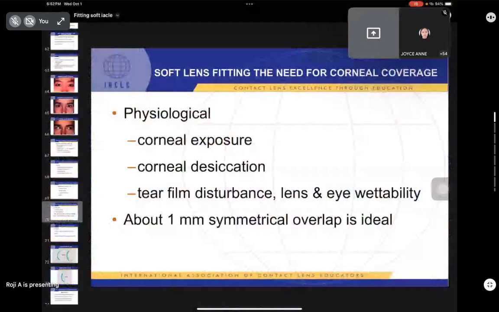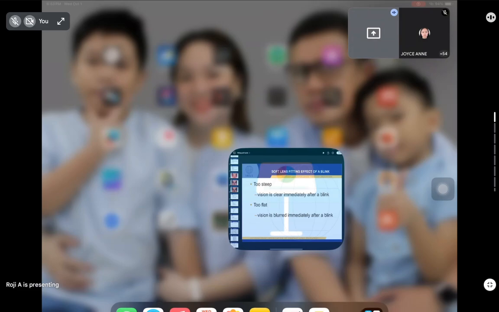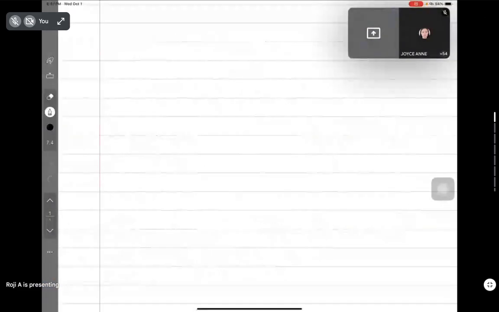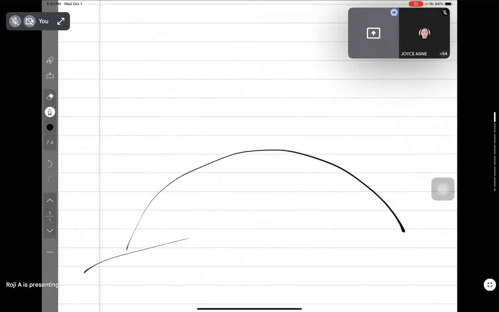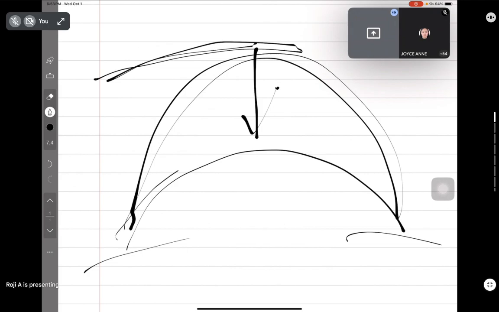Okay, thank you. For soft lens fading effect on a blink, too steep, we don't want that. Vision is clear every blink. Why is that? Because when your fitting is steep, if this is the cornea and this is your contact lens, every time you blink because of the eyelid, it will push that every time it blinks.